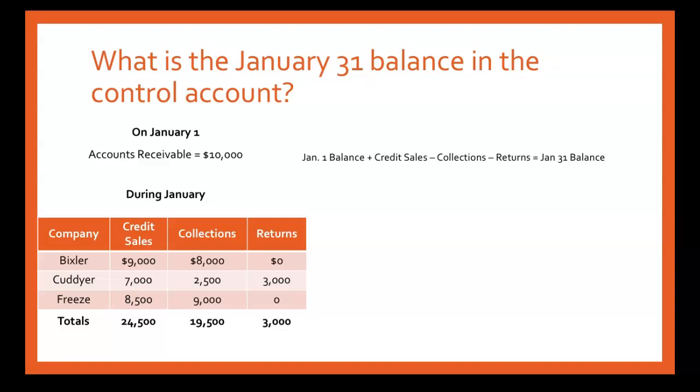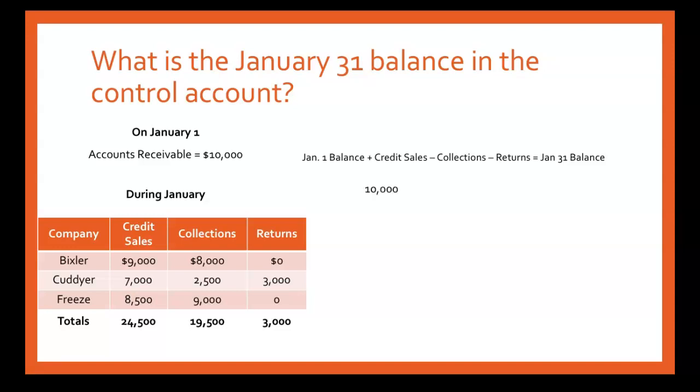So we will add our credit sales. Collections and returns are subtracted because if you collect payment from someone, they owe you less. So we want to subtract out our collections. And if a customer returns something to us, that's going to decrease the amount that they owe. So we subtract out our returns as well.